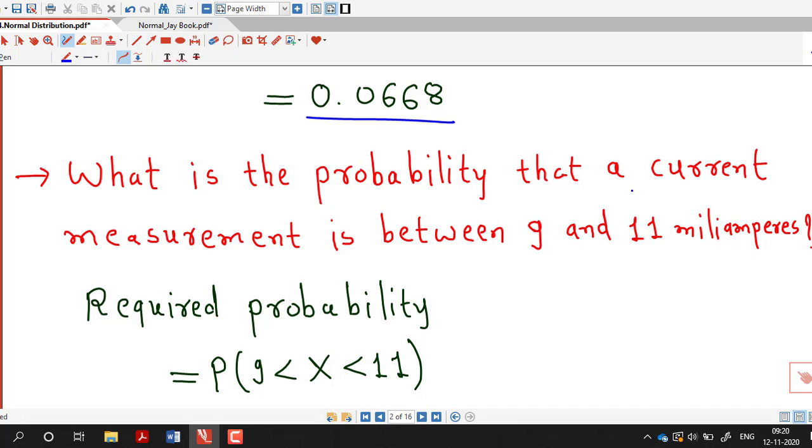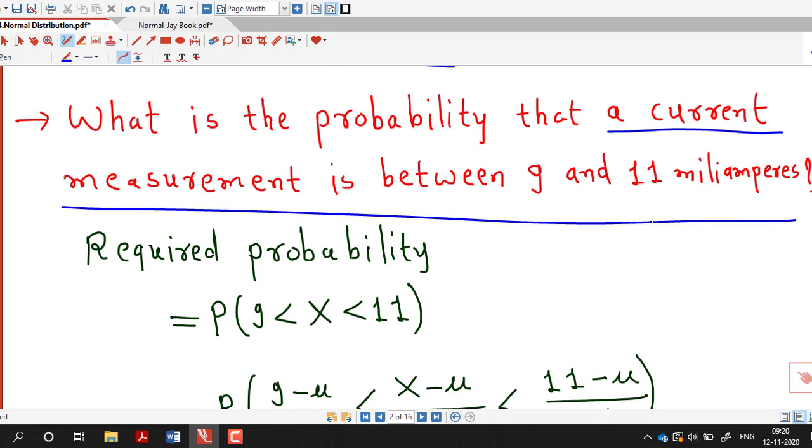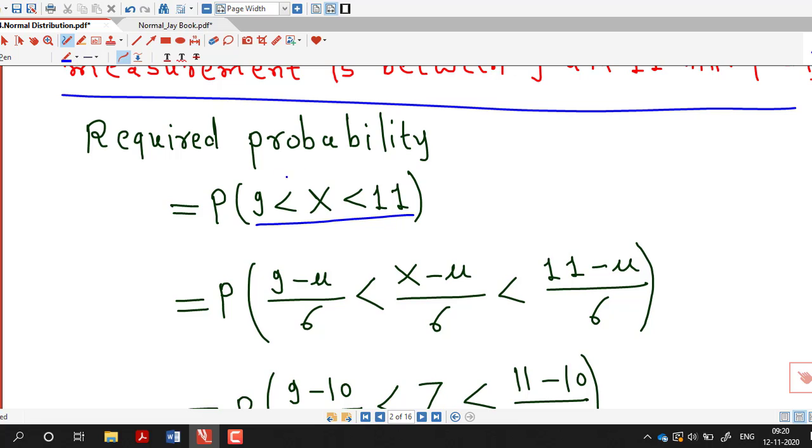We are asked to find this probability also. What is the probability that a current measurement is between 9 and 11 milliamperes? That means the required probability is probability that capital X lies between 9 and 11. First we standardize by subtracting mu and dividing by sigma. So this is equal to probability that (9 minus mu) over sigma is less than (x minus mu) over sigma, which is less than (11 minus mu) over sigma.